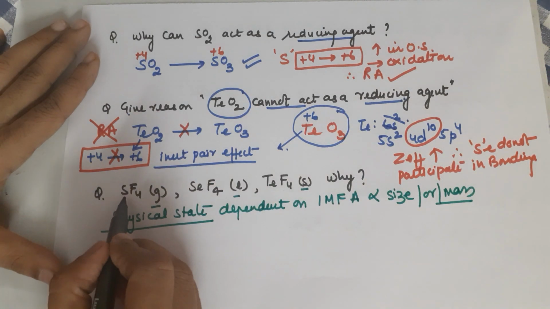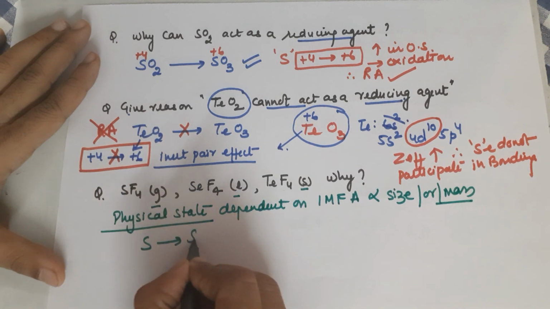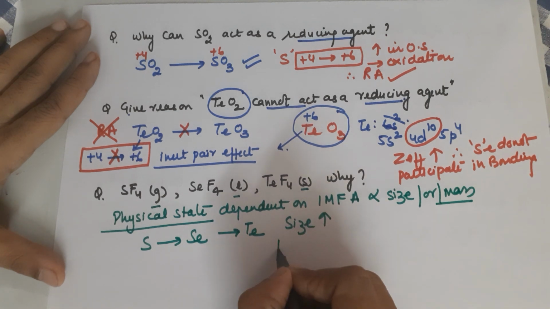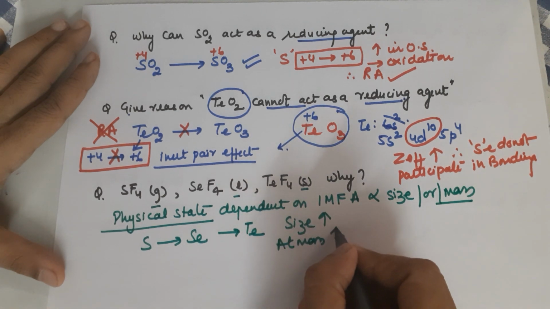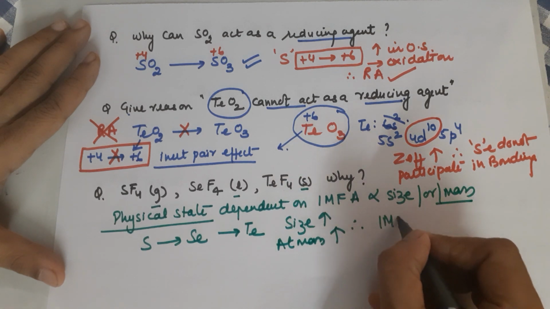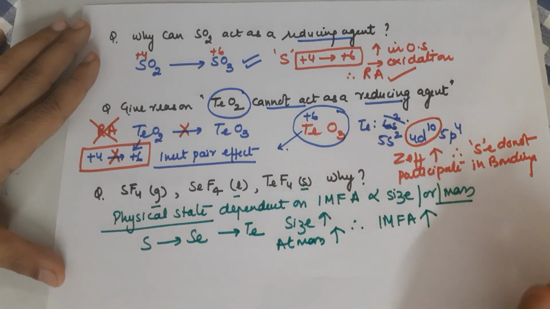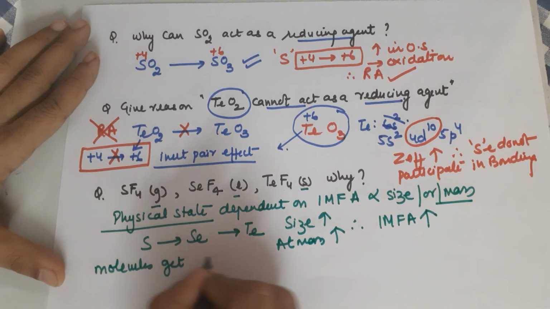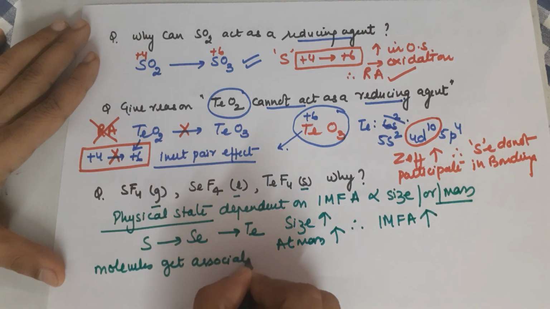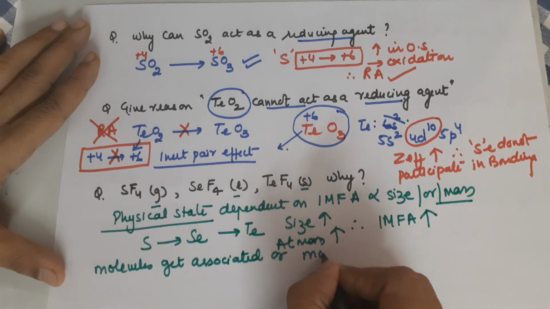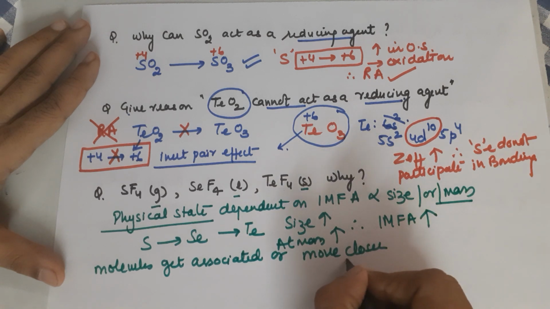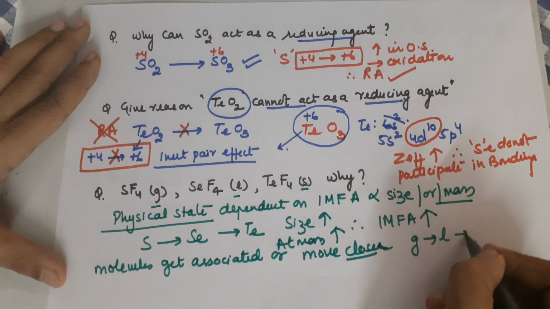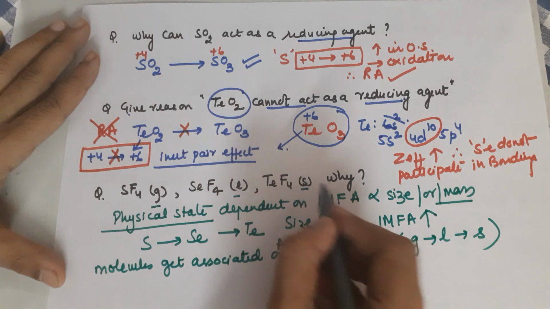And you can clearly see as I go from sulfur to selenium to tellurium, the size is increasing, the atomic mass is also increasing, therefore intermolecular force of attraction would increase, hence the molecules get associated or move closer, hence the physical state goes from gas to liquid to solid as you move down the group.